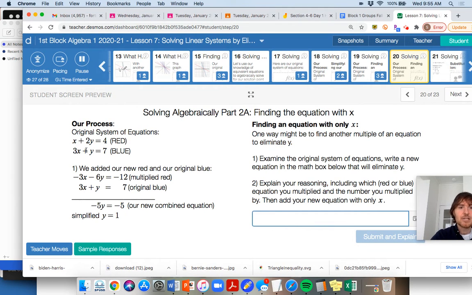What I did is I changed the blue equation right here. This equivalent equation would have been negative 6x minus 2y equals negative 14.